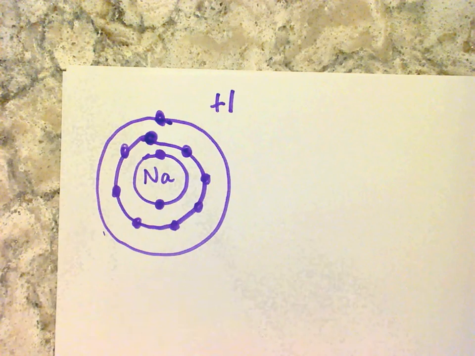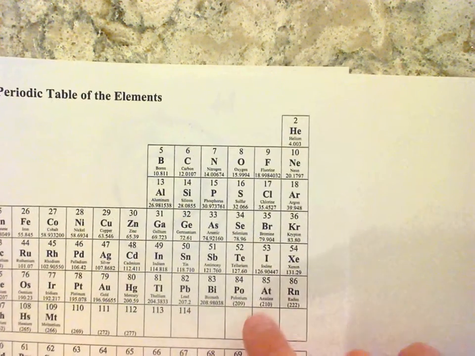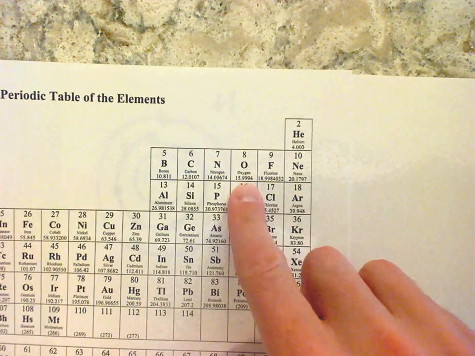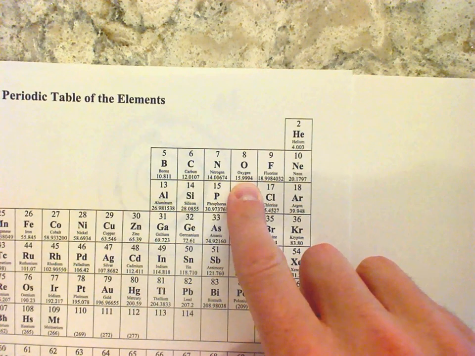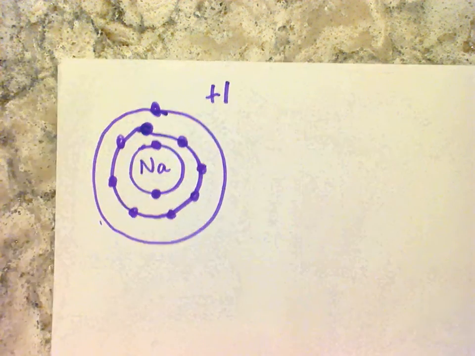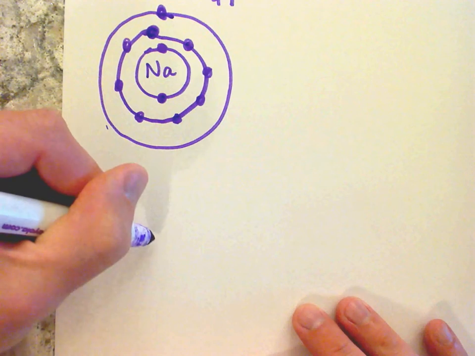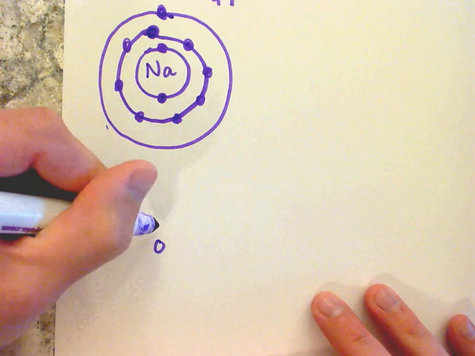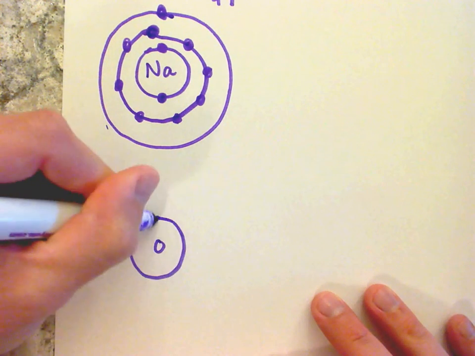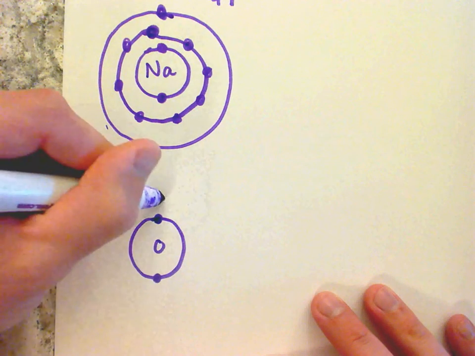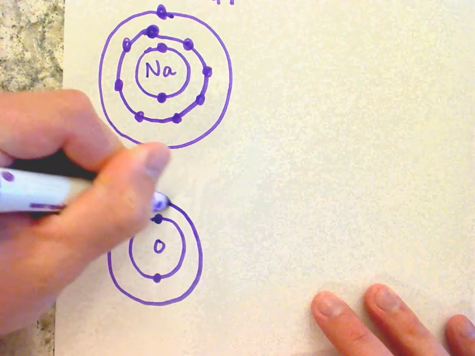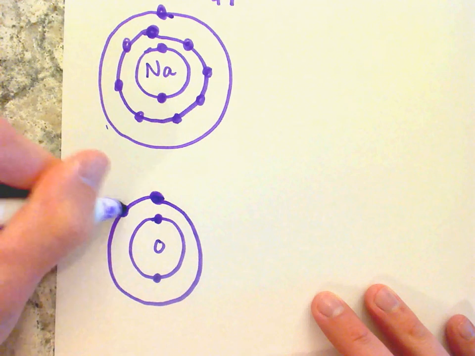And let's combine it with oxygen here. So oxygen, 8 electrons. I'll put the O for oxygen. And then the first shell has 2. The second shell has 6. 1, 2, 3, 4, 5, 6.